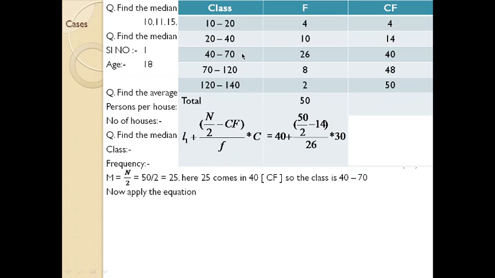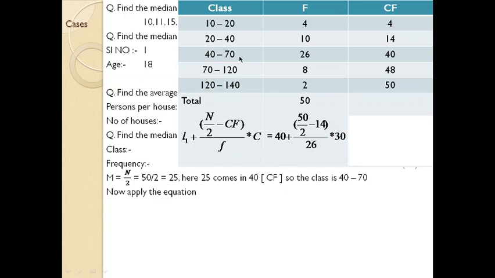But while substituting the value as CF, you need to select the number preceding the number you have added. Because for computation purposes, in median we can't have a negative number. So if you take 40 here, your answer will be negative. So we always take the number preceding the particular CF. That is why here it is 14. 14 divided by F. F is the frequency in which that particular class stands.